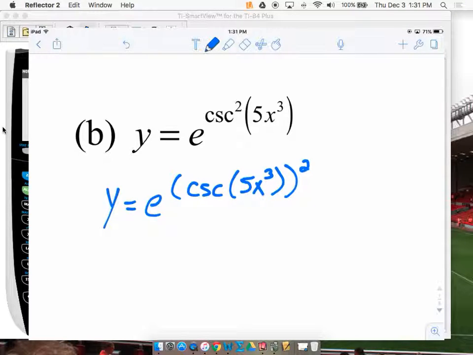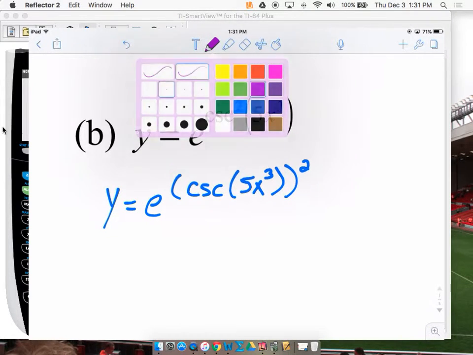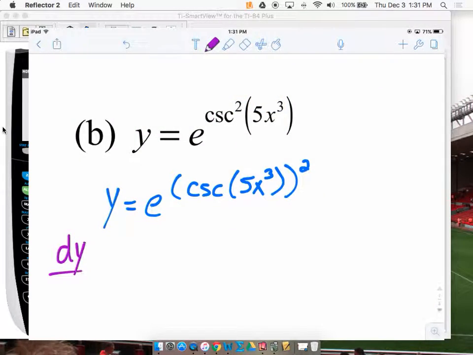I can put that exponent on the outside. Now you just rewrite it so you can put the exponent on the outside. It's easier to find the derivative then. So work your way outside in.